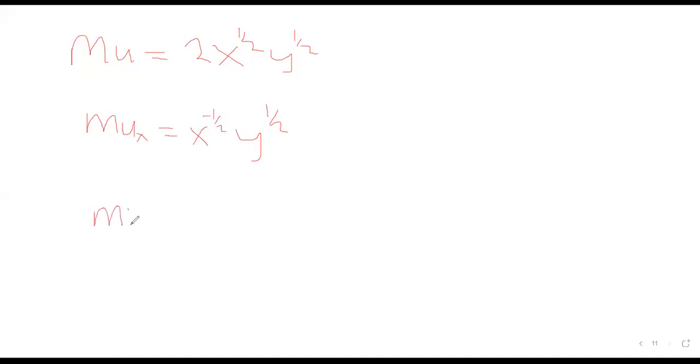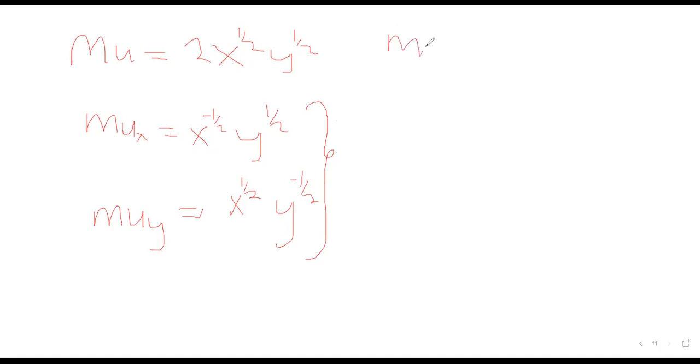The marginal utility of y? Our dummy here is x to the half. Then what do we remain with? Y to the power half, and half times 2 is 1. Then subtract: half minus 1, what do we get? Y to the negative half. So these are the partial derivatives that we're going to use to optimize our bundle.